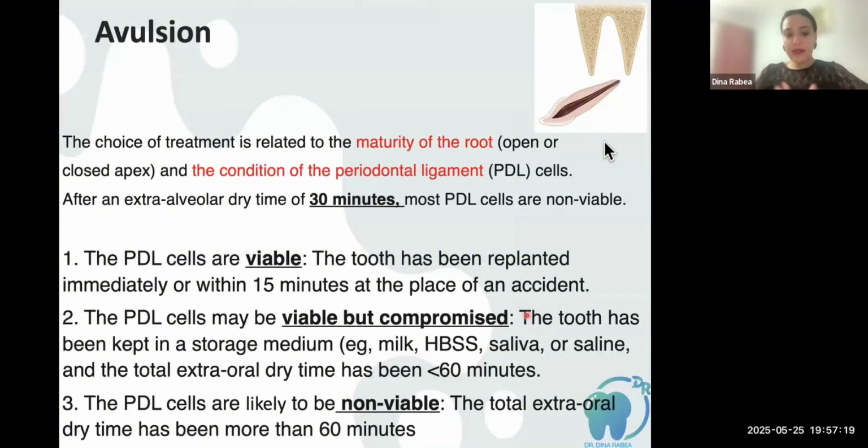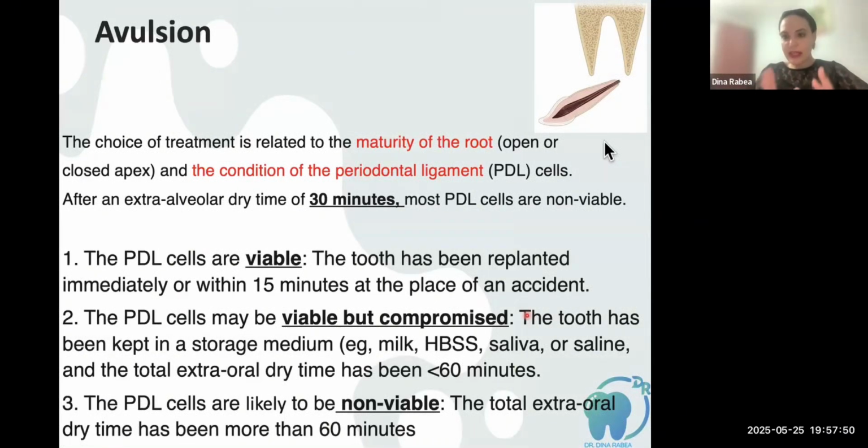And the worst scenario is if the periodontal ligaments are totally non-viable, and this happens when the periodontal ligaments upon the tooth root have been exposed to dry air for more than an hour, a 60-minute duration. In all three scenarios, we are going to replant the tooth and splint it in position, but these timings give us an indication of how long the tooth will stay in place before resorption, ankylosis, or pulp necrosis will happen.